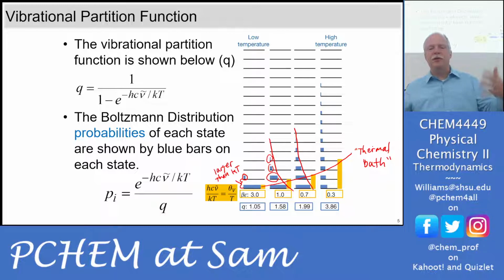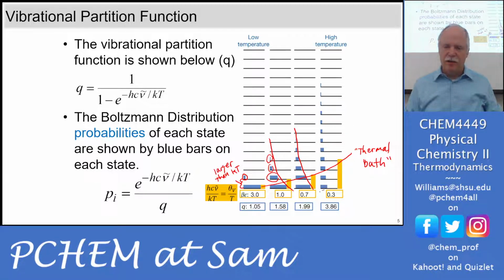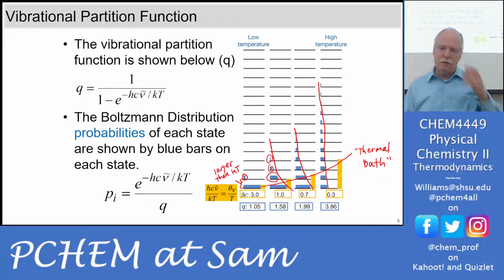Now that's how much temperature you have in the system, and then it results in this spread of molecules across all of these energy levels. This is a pretty good visual representation of the probabilities of being in all those energy levels.